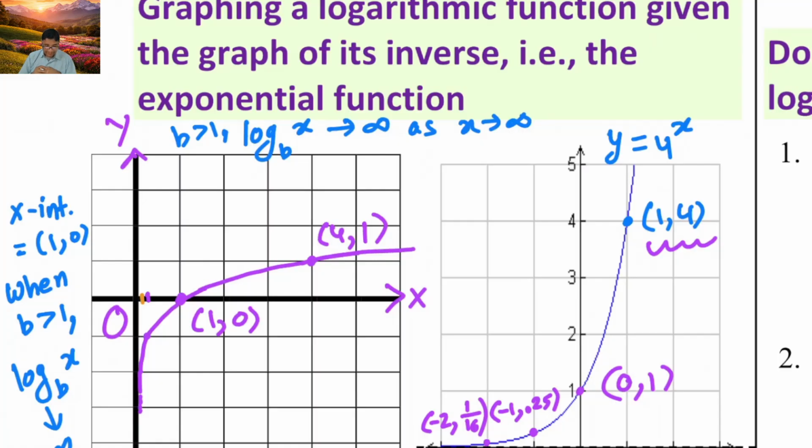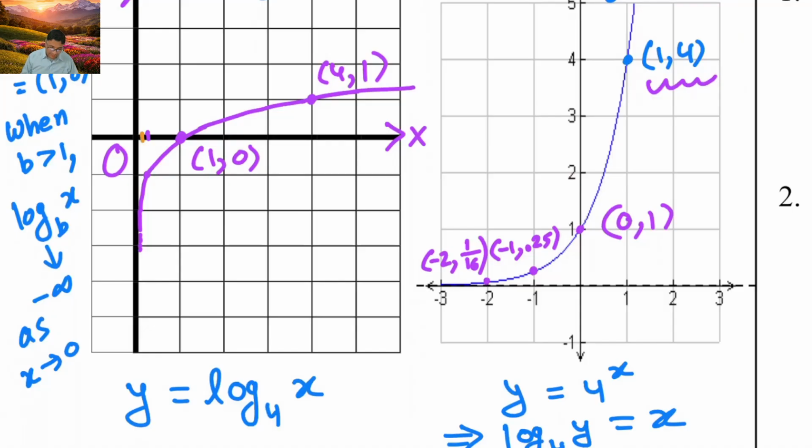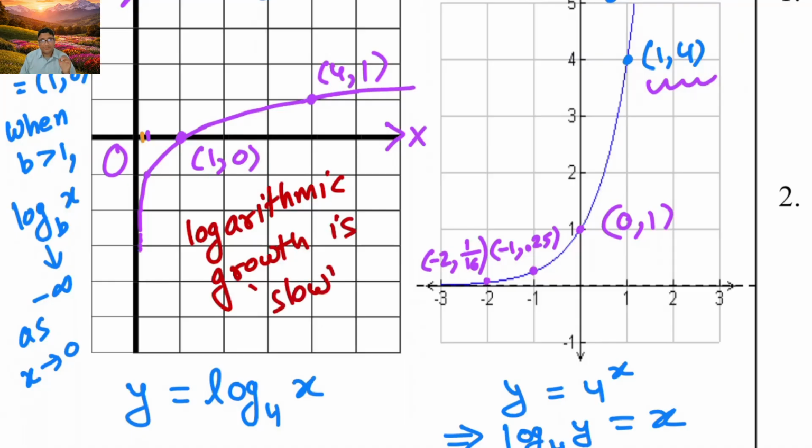Okay. Just like exponential growth is fast, rapid, logarithmic growth is the inverse, right? The opposite. Logarithmic growth is very, very slow. So that is another common wisdom, in language. So I'm going to write that here. Okay. And you might well remember it. Logarithmic growth is quote unquote slow. Okay.